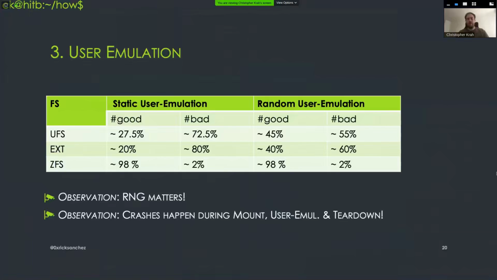So one observation being made here is that RNG seems to matter. And observation two, indirectly being made here, is that crashes do happen during the mount, user emulation, and teardown phases of file system fuzzing. I'll come back to that a little bit later. But you have to take into account that when mounting a file system, the system can crash.